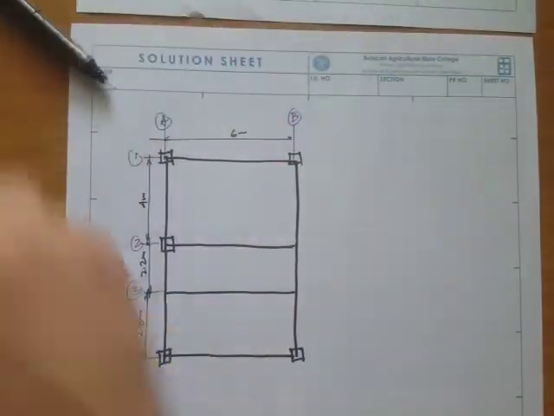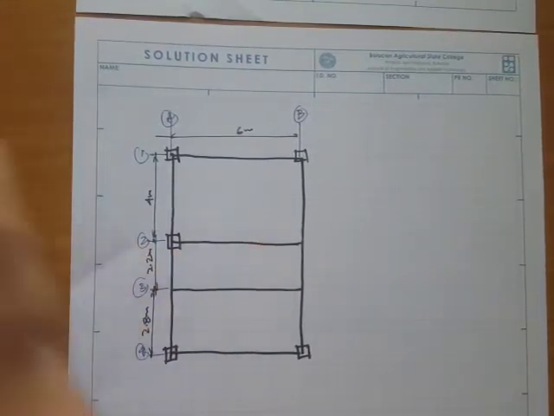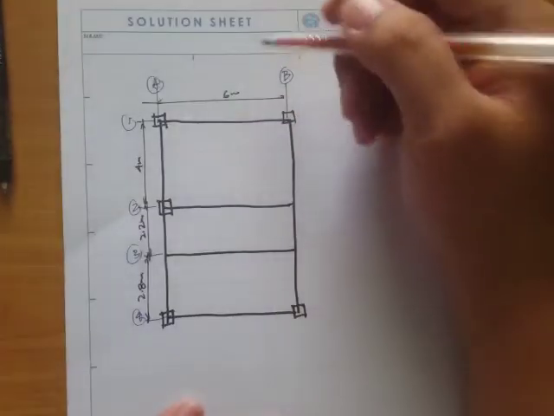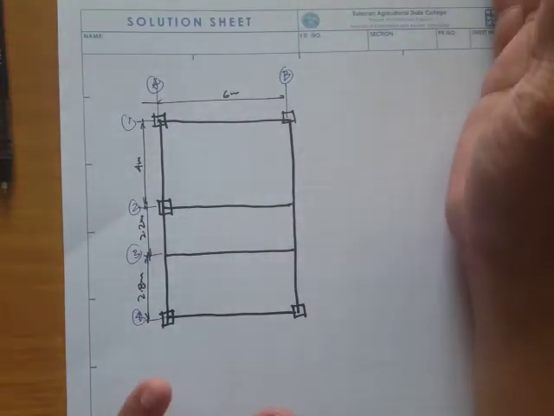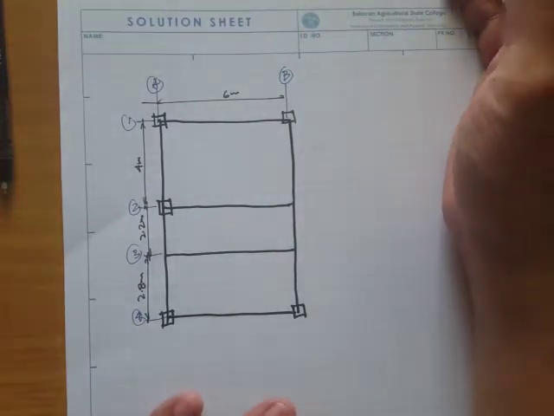Okay, so now let's draw the tributary areas. We defined that the tributary area is something like the halfway to the adjacent member.